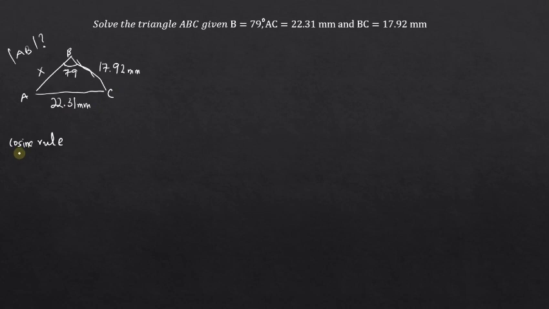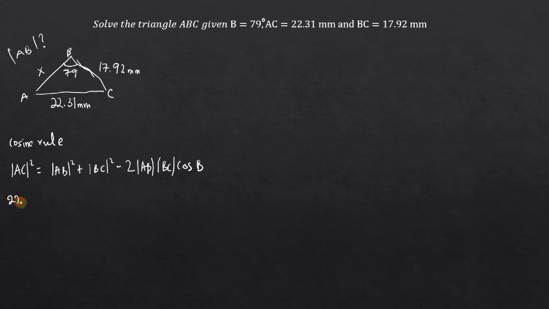AC squared will be equal to AB squared plus BC squared minus 2 AB BC cos B. Right, so this is what we'll be using.